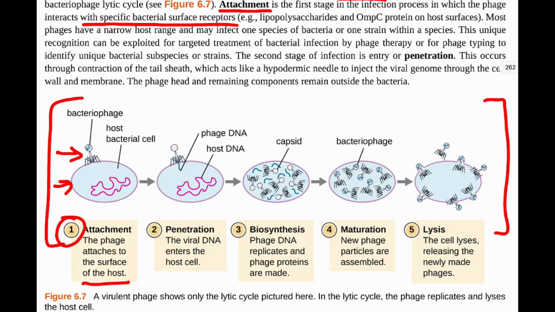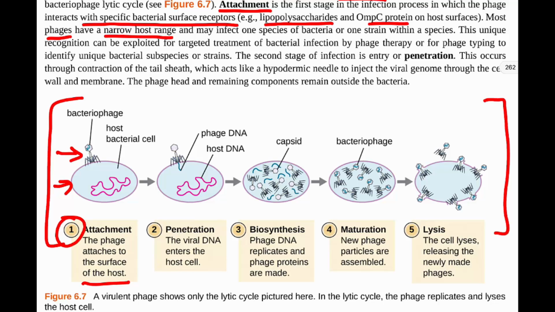So some of these are lipopolysaccharides, if you remember back to our different types of bacteria, or other different proteins that are on the surface of the cell. Most of these phages, just like other viruses, have a very narrow host range. Remember, the host range is the number of different types of cells or organisms that it can infect.